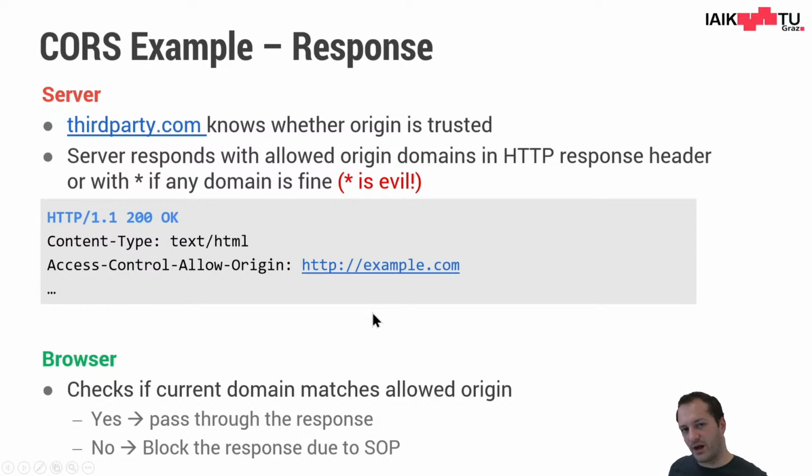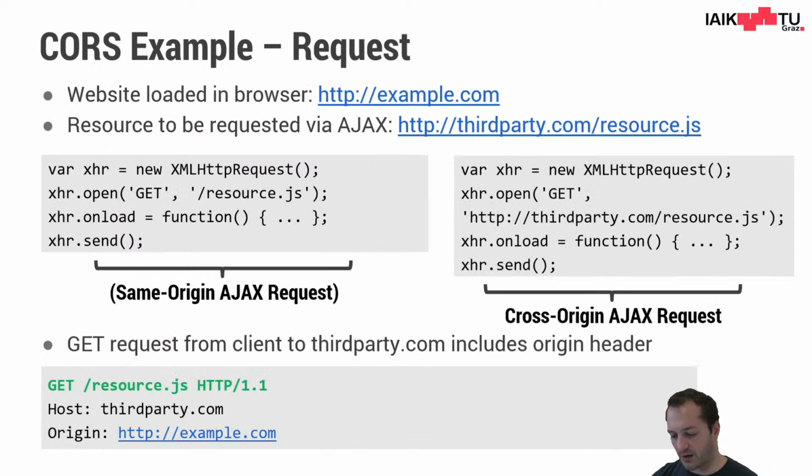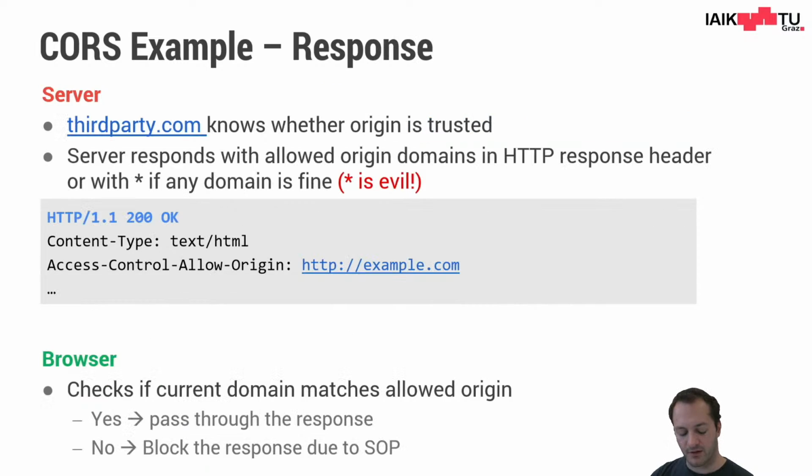So what happens if you're an attacker, you run this API, you run such a website with some JavaScript and another origin. What you as an attacker could also do is just specify an asterisk here instead of example.com, and the browser will always show the response.